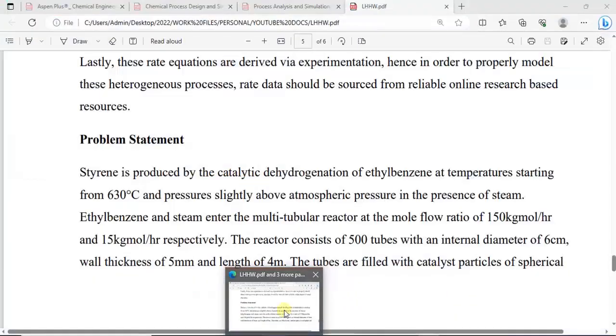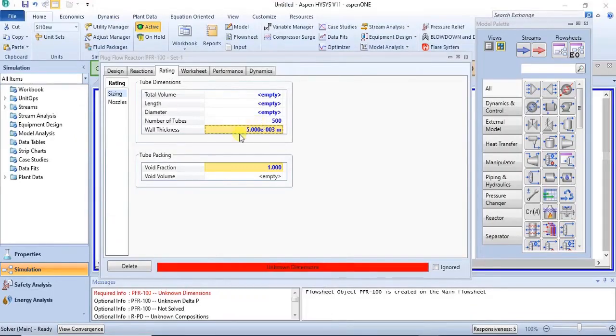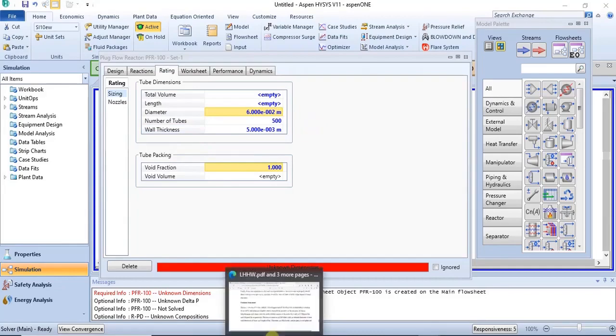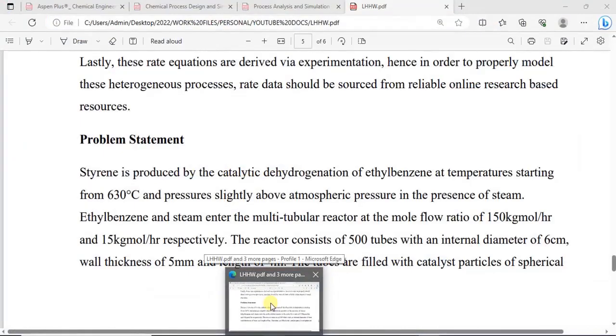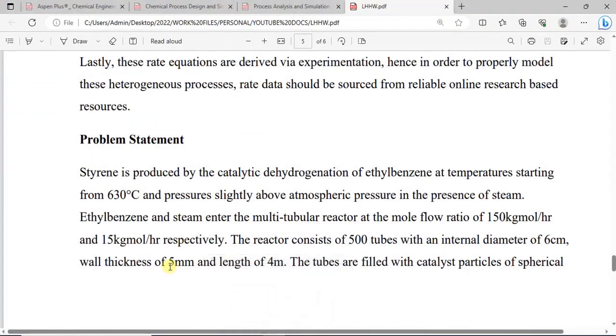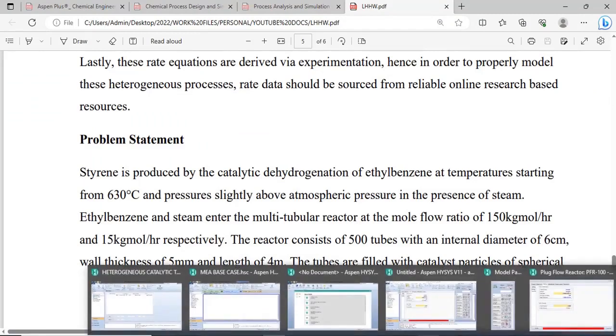Then we have internal diameter of 6 cm. You can actually tweak your units here with the drop down. Then what else do you have? You have wall thickness of 5 millimeter, and length of 4 meter.